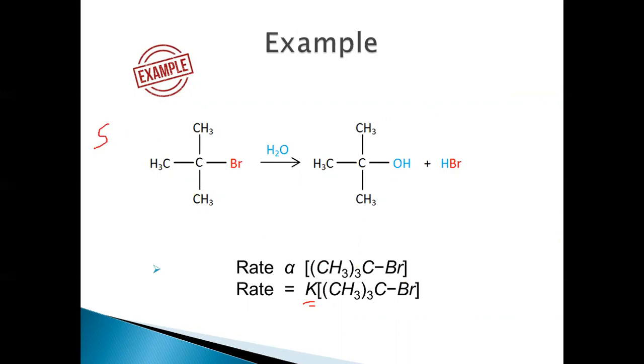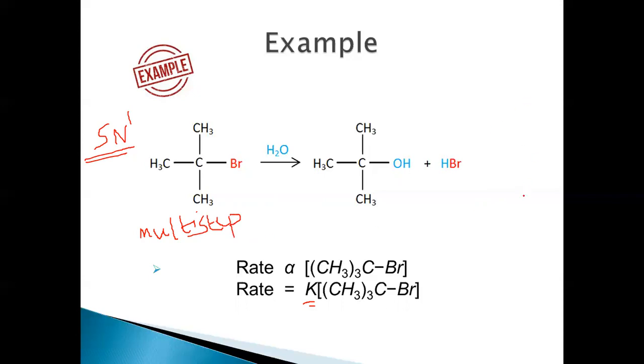In the SN1 reaction, if you see the mechanism, it's a multi-step reaction. That means it is more than one step, and the rate of the reaction is dependent only on a single step, which is called the rate determining step or the rate limiting step of the reaction.